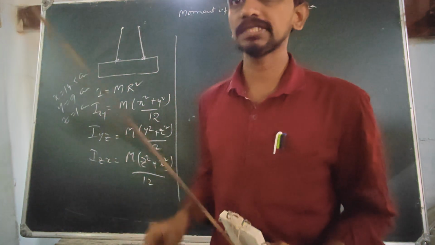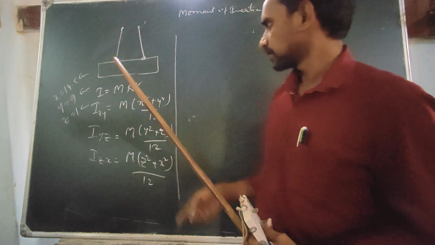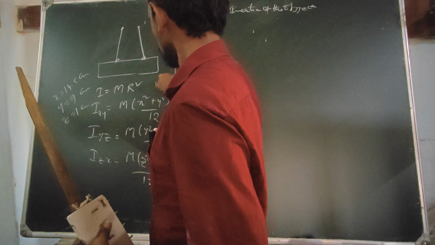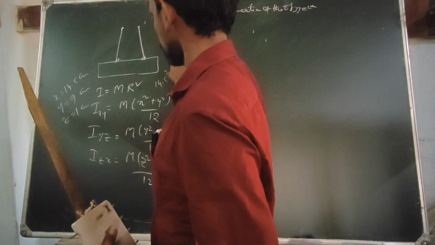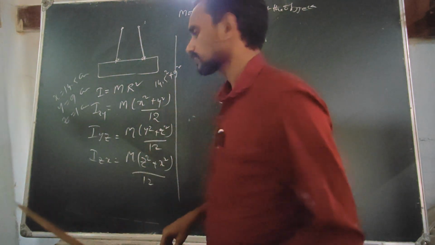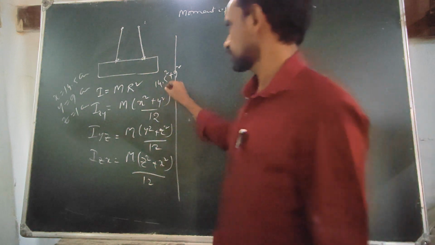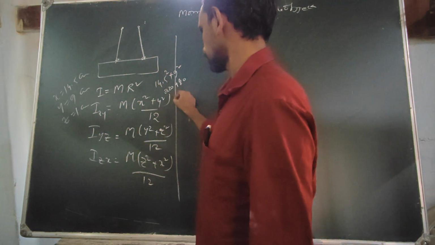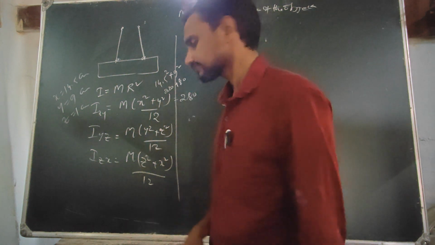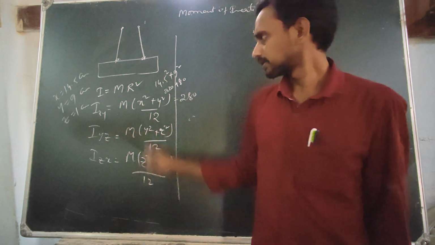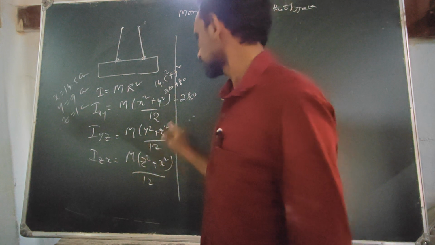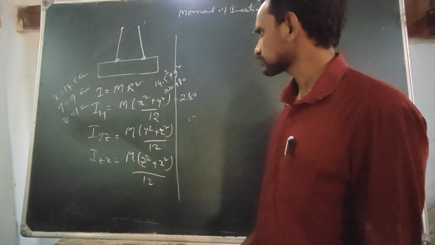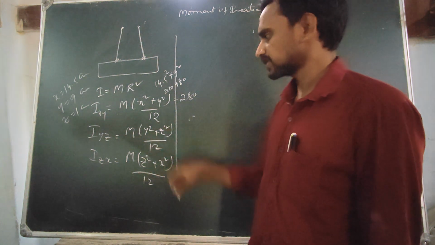If one side is negligibly small, what happens? What is x square plus y square? 14.5 square plus 9 square. So it is nearly 200 plus 80, 81. This value is around 280. I am neglecting the m by 12, just calculating x square plus y square. What about y square plus z square?